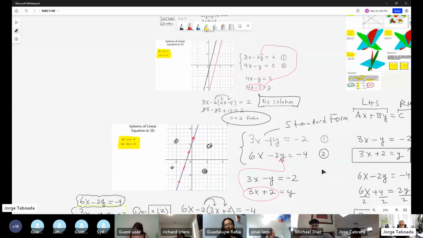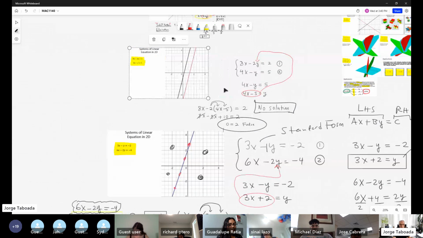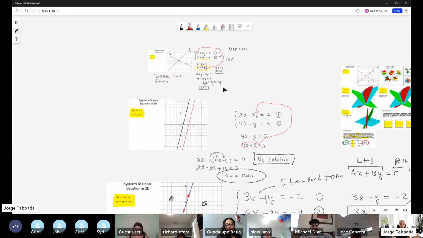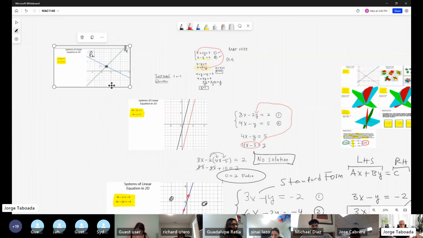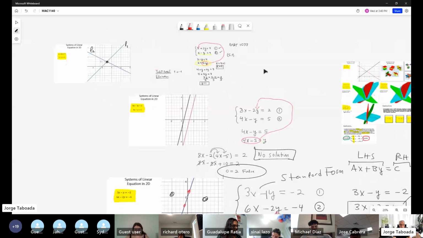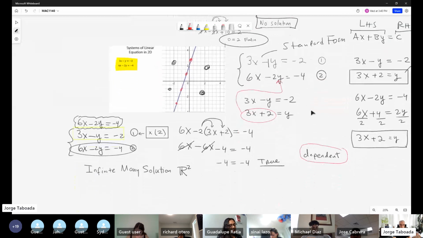To explain a little bit graphically, in the second example they are oblique lines. Of course, it's not the same line. These equations are independent. When it's the same line, the equations are dependent and we have infinitely many solutions.